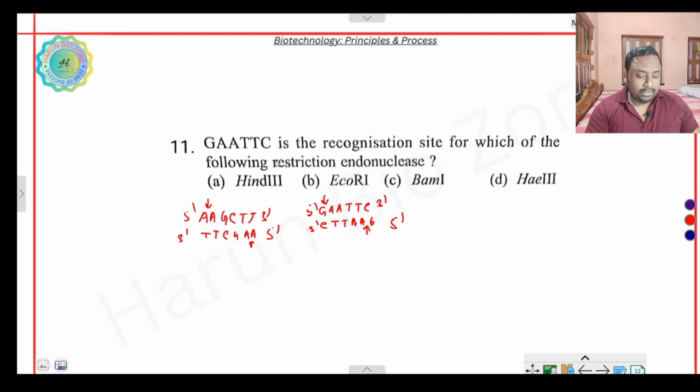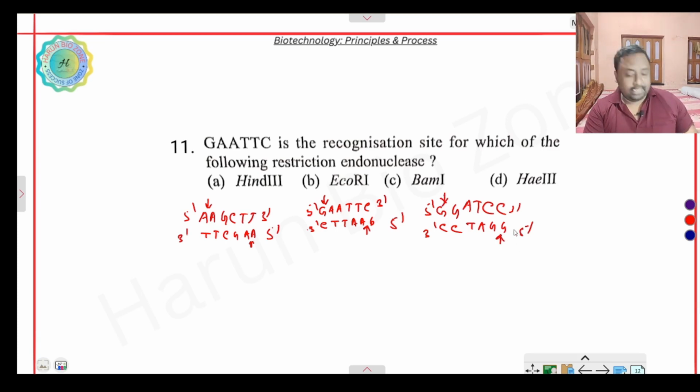But in the case of BamHI, the sequence is GGATCC and CCTAGG. Here the cutting site is between G and G, so sticky ends are formed.